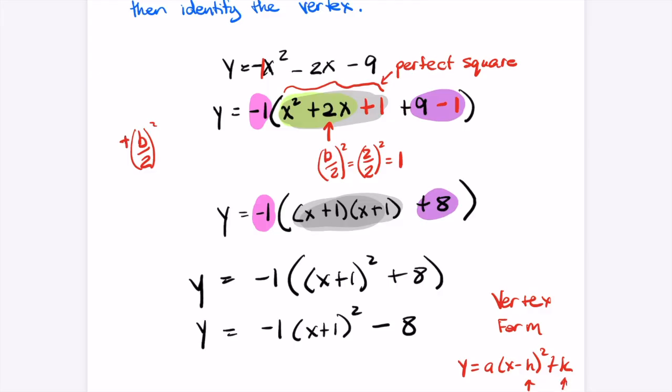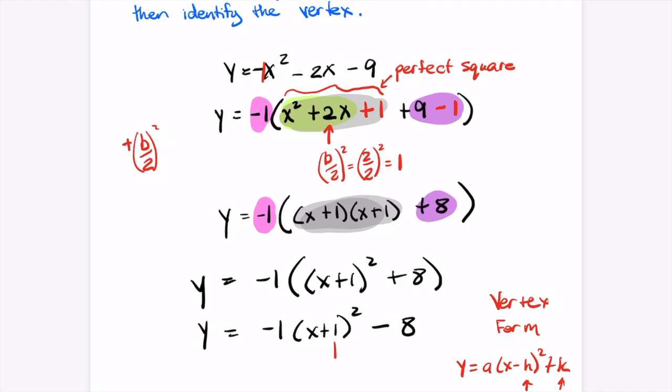Pay attention to the signs here. Notice since that's a positive sign, the x coordinate of our vertex is negative 1, and the y coordinate of the vertex is 8, following that format here. All right, and so that's our vertex, and we are all set.